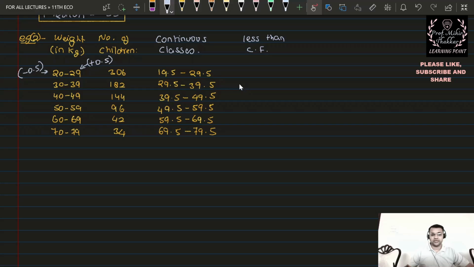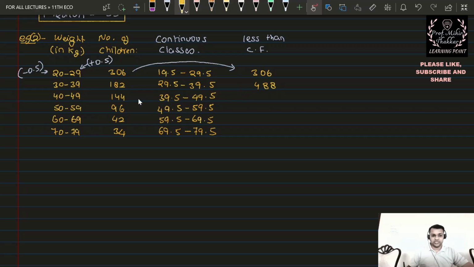column that we have to make. So here the first entry will be exactly the same, that is 306. When you add 306 and 182, the value that you will get is 488.